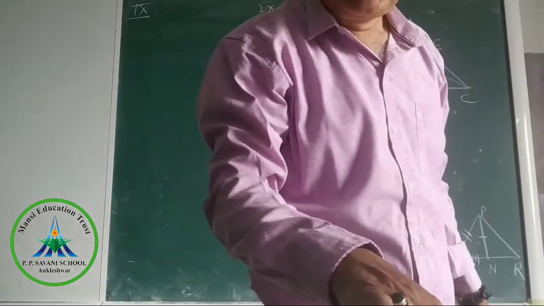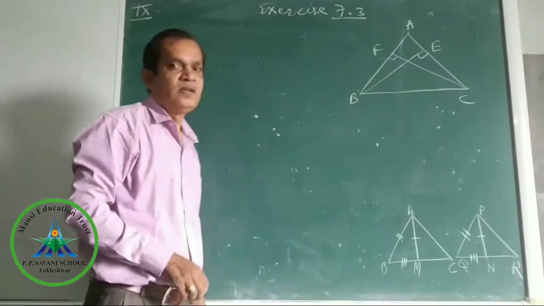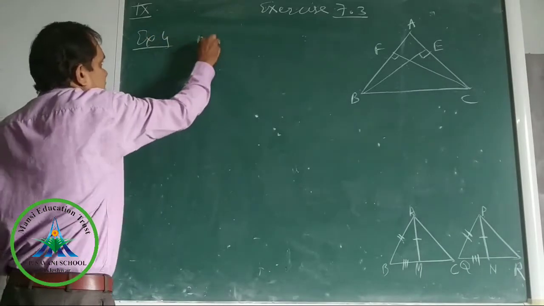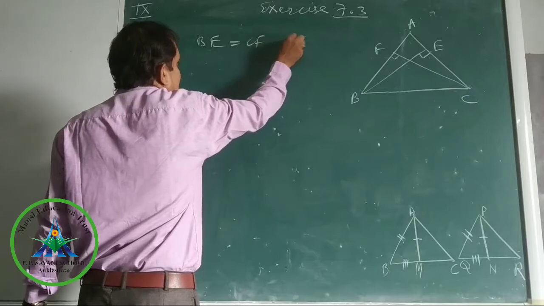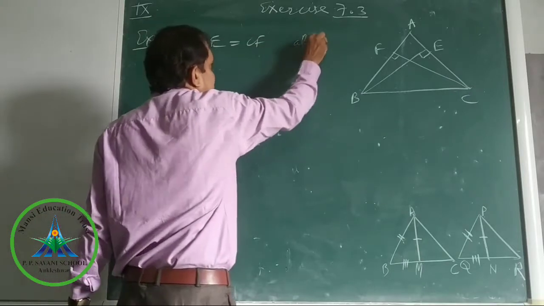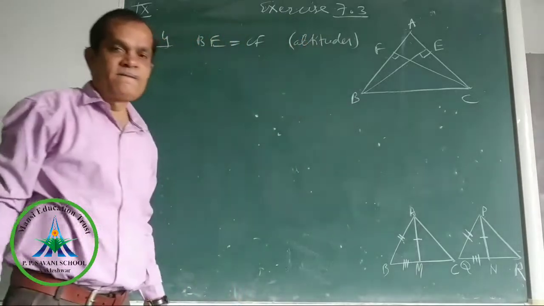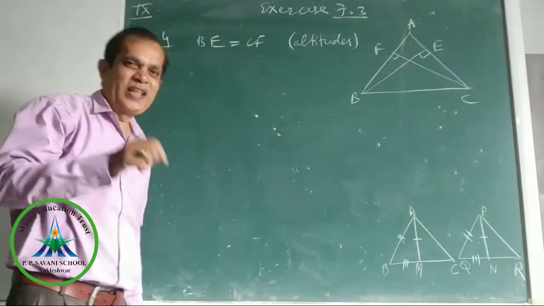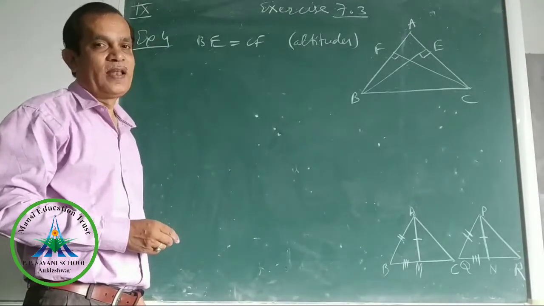Using RHS, show that triangle ABC is isosceles. Example 4. BE equal to CF and both are altitudes. Yes or no? And they are asking us to use only RHS rule to show ABC is an isosceles triangle. Its two sides are equal.